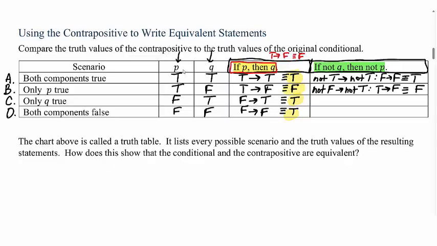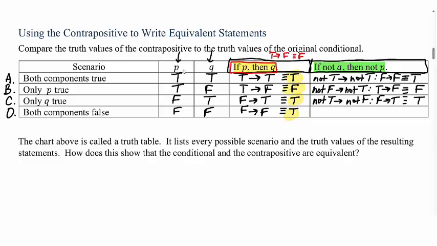And then the next scenario is when only Q is true. So that would be not true implies not false, where Q is true and P is false. Well, the negation of a true is a false, the negation of a false is a true. So this would be a false implies true scenario, which is true.